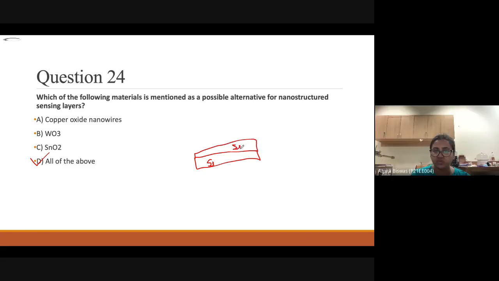Yes, ma'am, the SiO2 layer is present, and here the material is deposited, some metal oxide like SnO2, and here the contacts are present, like the source and drain.